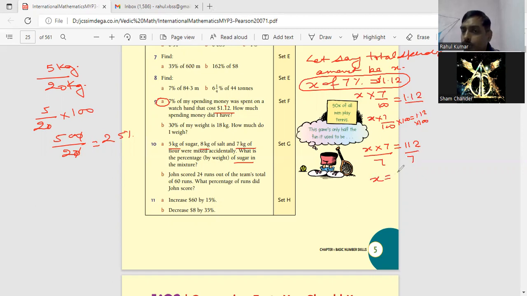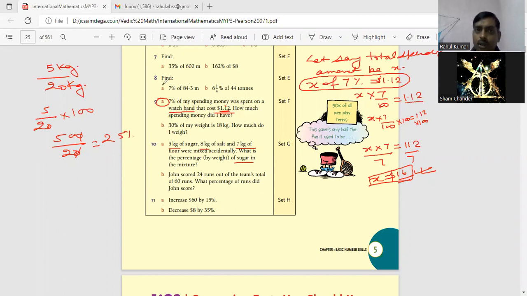This will give you 16. So you have the total amount of 16 in your pocket, and out of $16, you are spending $1.12 on the watch band. Do you understand how to solve this question? Good. Now come to question number B.